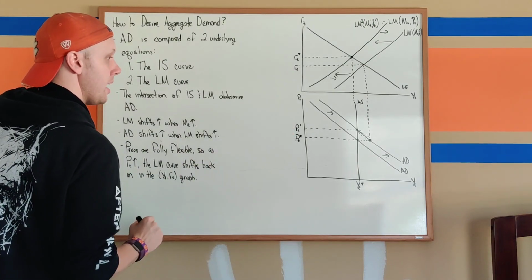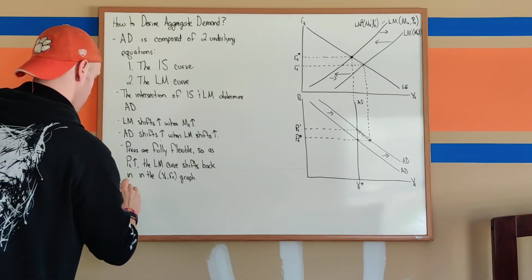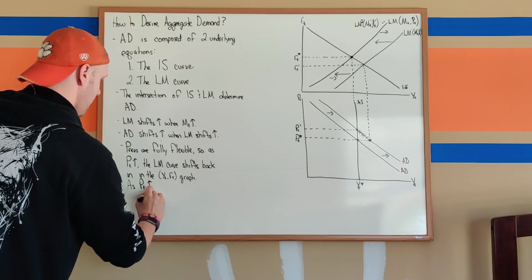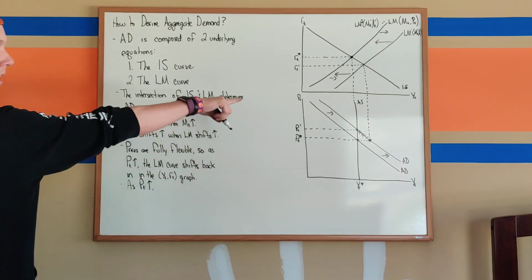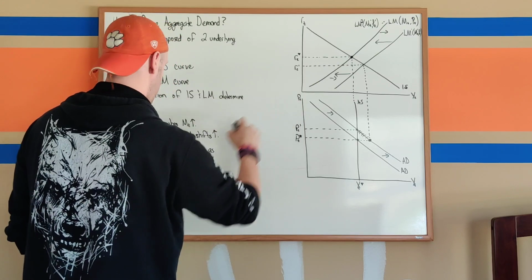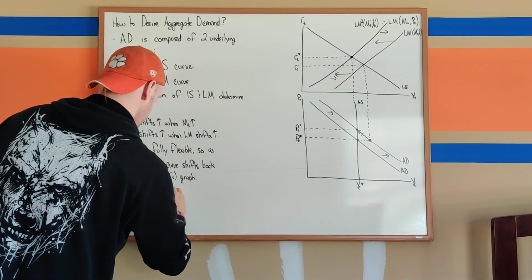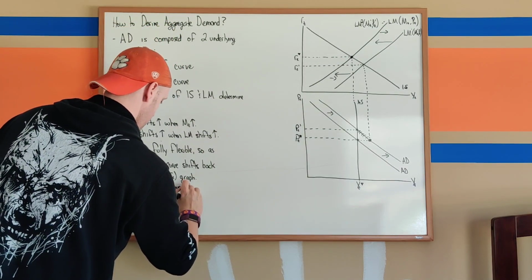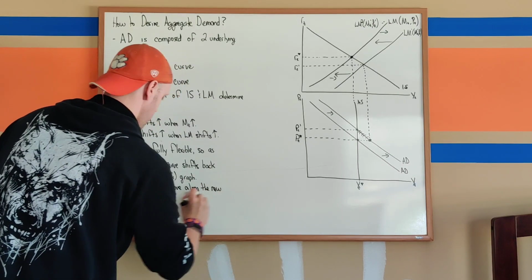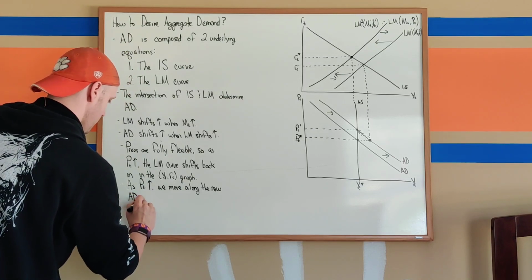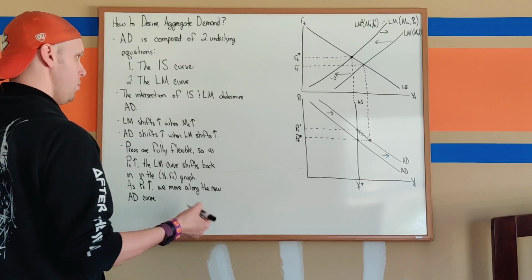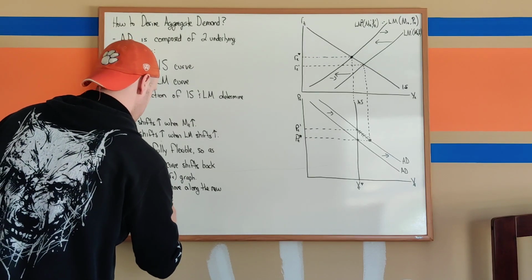But in the aggregate demand, aggregate supply space, as the price level increases, price is defined in this graph right here. So as the price level increases, we move along this new aggregate demand curve.